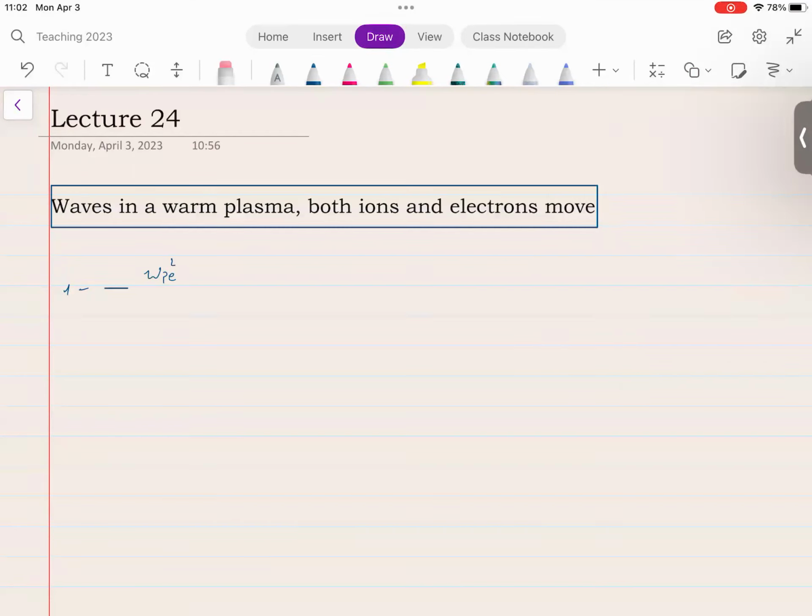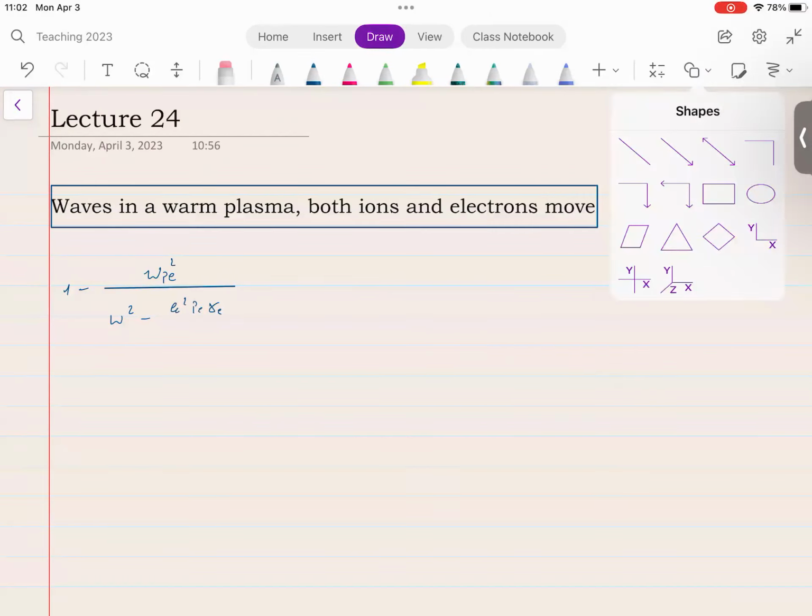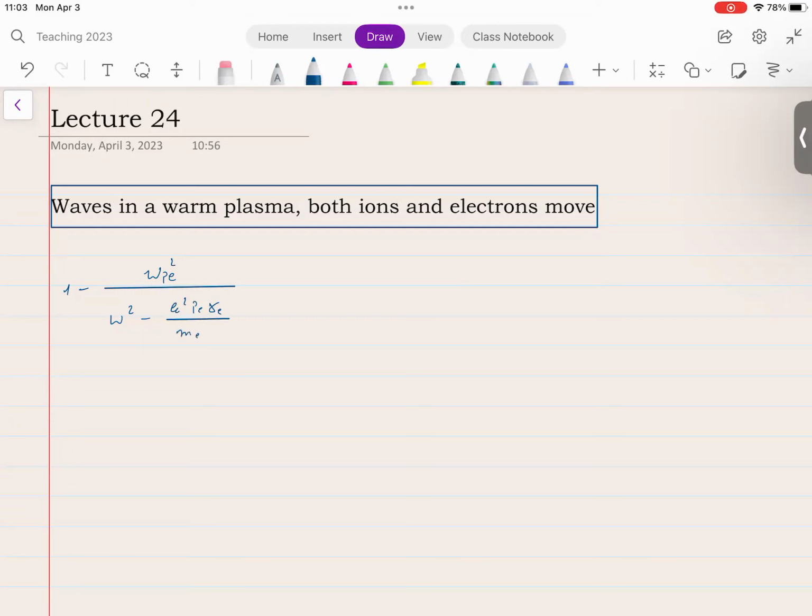Okay, let me just write it again. We have, this is the Z component of the dielectric tensor. And that's what we have to use to look at longitudinal waves in warm plasma.